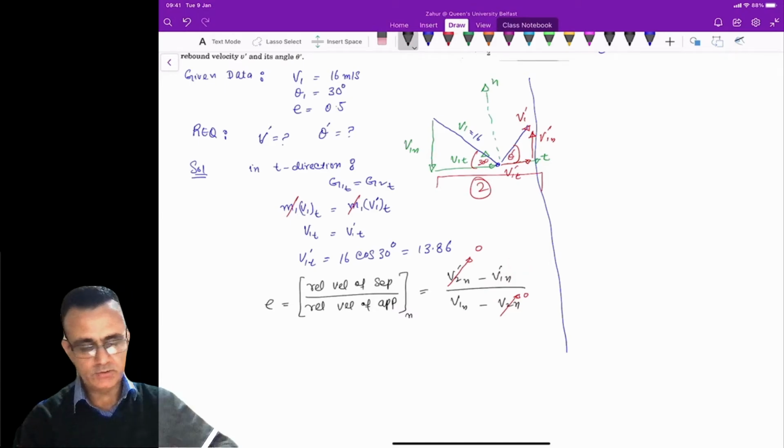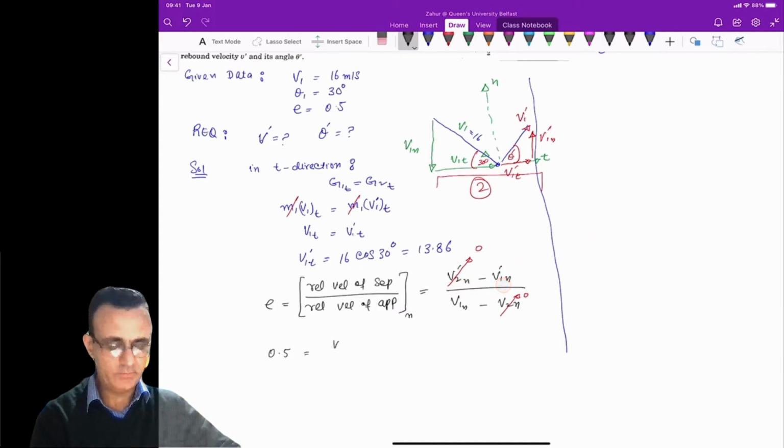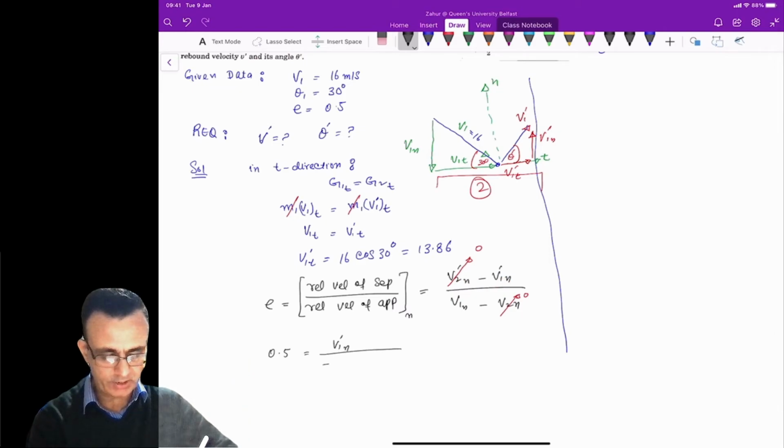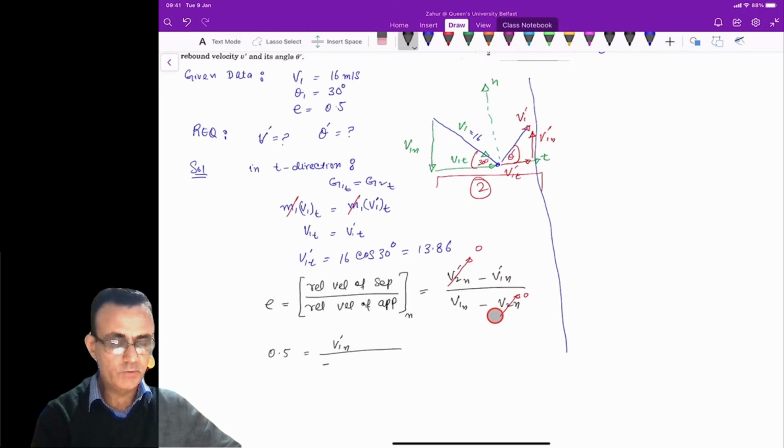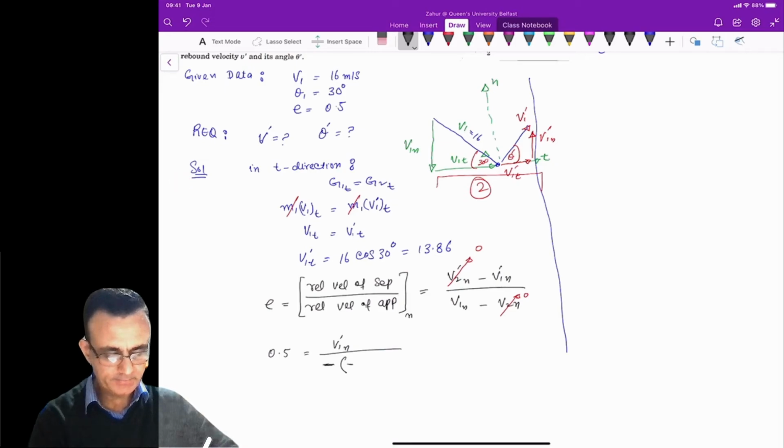On the left hand side, we are given e, which is 0.5, and on the right hand side we have v1 dash n, which we need to calculate, minus v1n. Here v1n is in the negative direction, so we put a negative sign, and its magnitude is 16 sin 30.